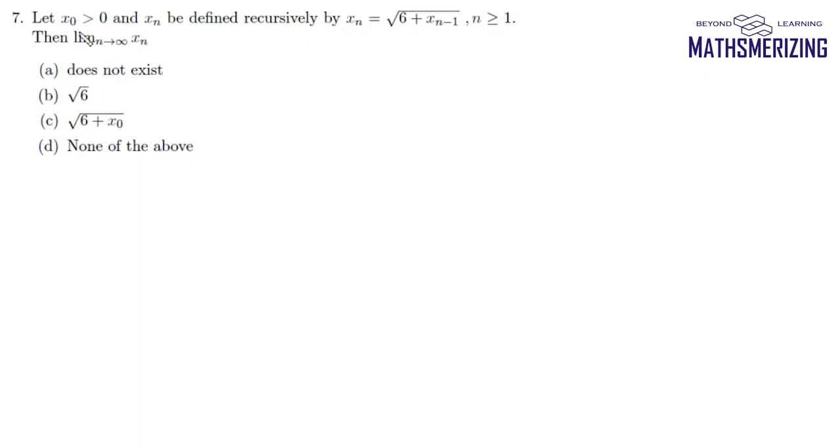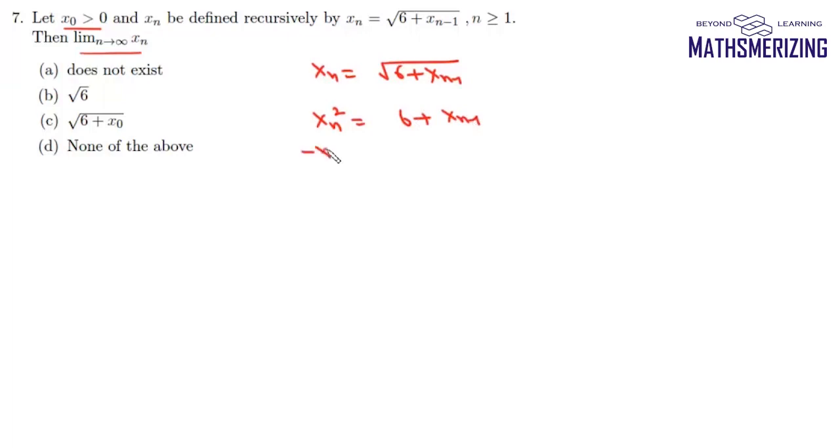Now question number 7 is, let x naught be greater than 0 and xn be defined recursively by xn equals under root of 6 plus xn minus 1, where n is greater than or equal to 1, then the limit as n tends to infinity of xn is. Now we can write this xn as under root of 6 plus xn minus 1. We can write this as xn square equals 6 plus xn minus 1.